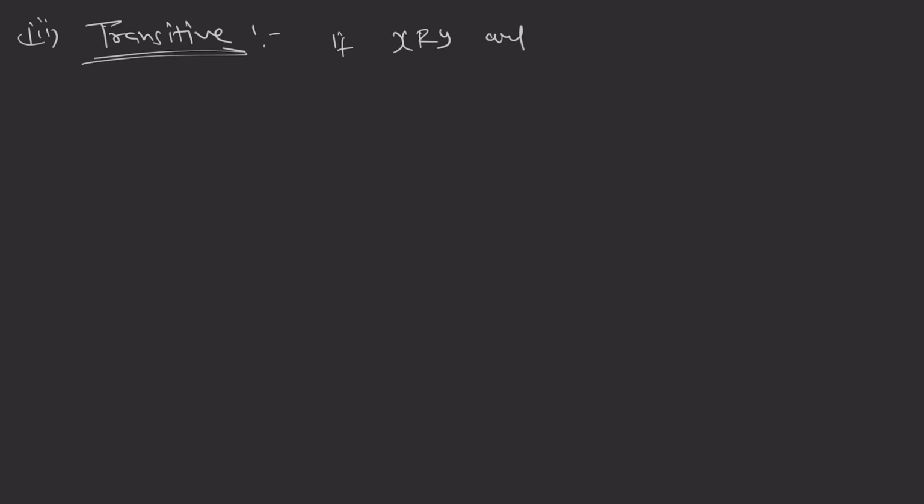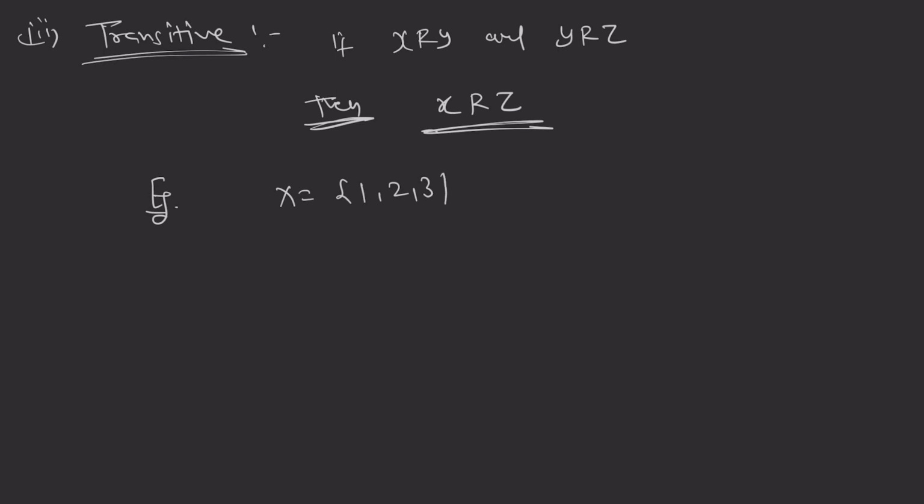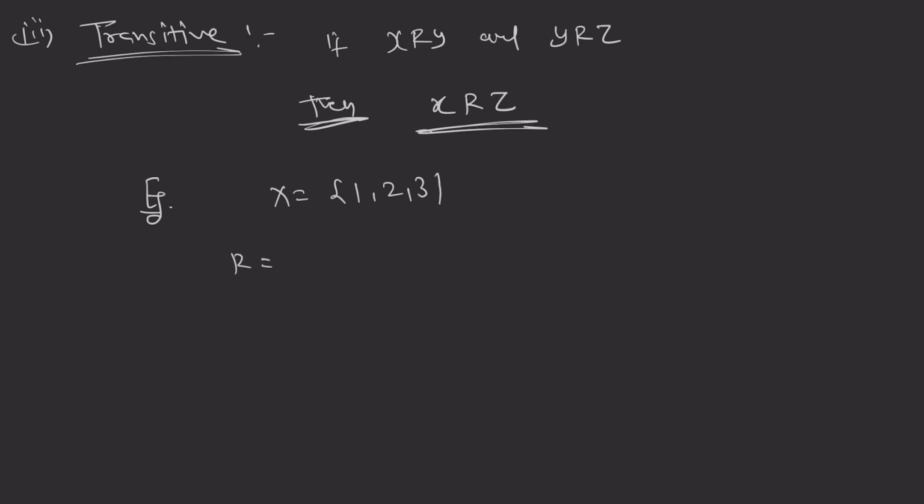Now, transitive. If x is related to y and y is related to z, then x should be related to z. We will see an example. Similarly, {1, 2, 3}. I'll define a relation R as {(1,2), (2,1)}.